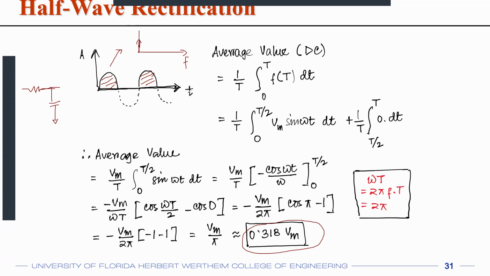That zero frequency component is basically the average value of the signal, because the average value has no frequency, right? And you found that out to be 0.318 times Vm. And then there could be multiple components at higher frequencies.